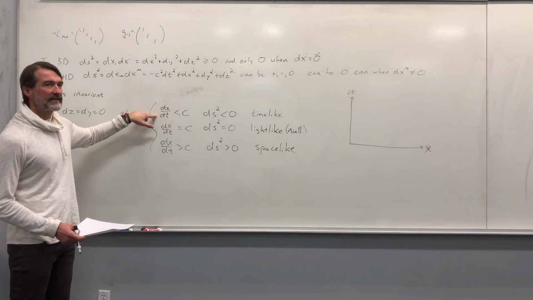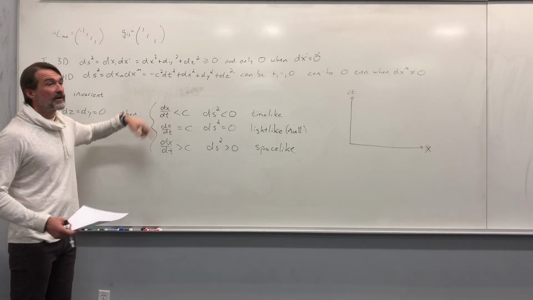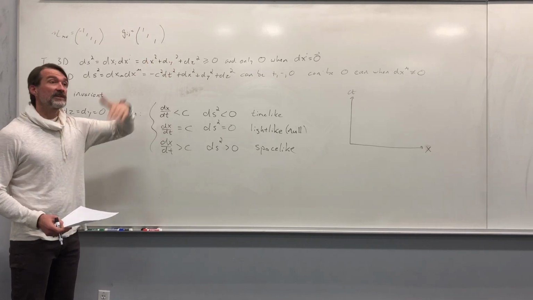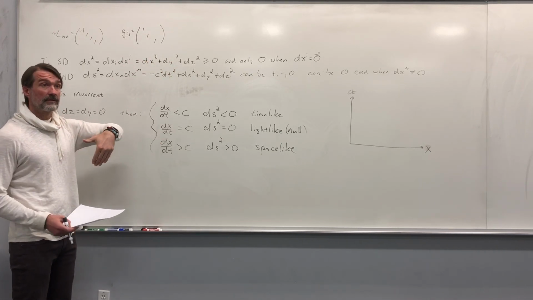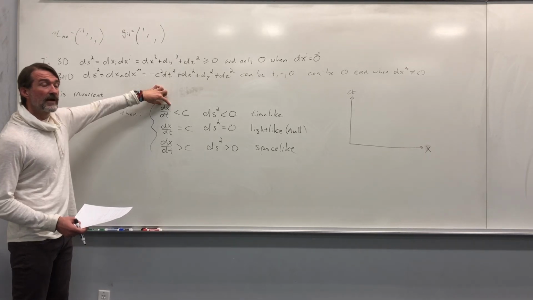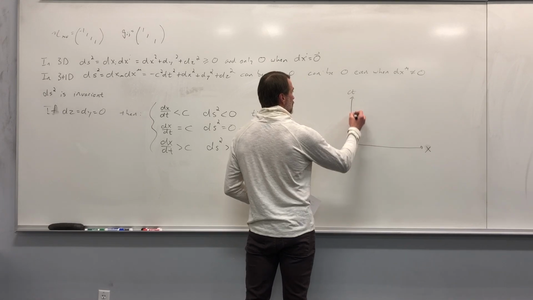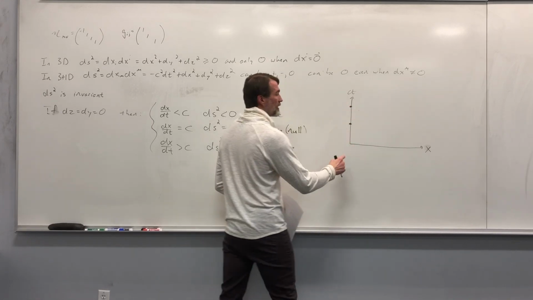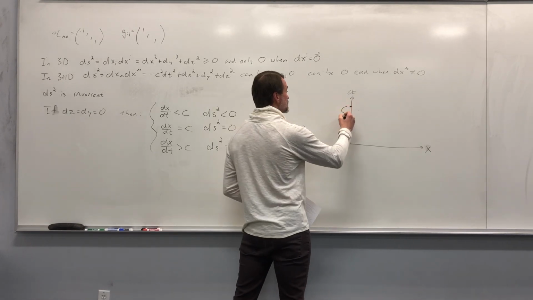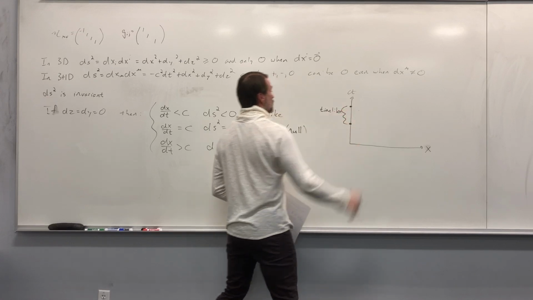If dx over dt is 0, basically I can say dx is 0, because time is always going to tick. It doesn't matter. But your position can be the same. All right? So we can take two events which are separated by 0 in the x-axis. So we can take an event here and an event here that have the same x components, so dx is 0. So these are time-like separated. Okay?